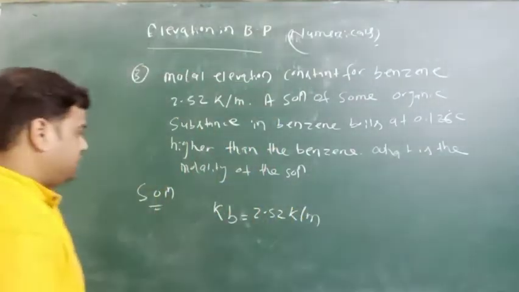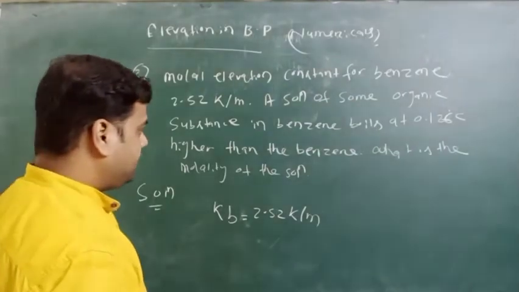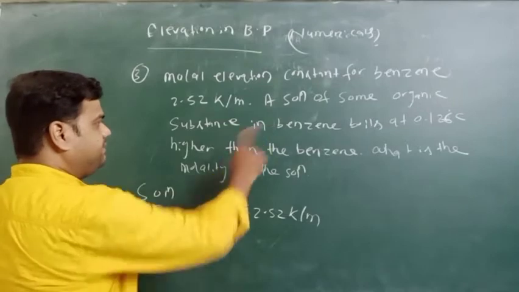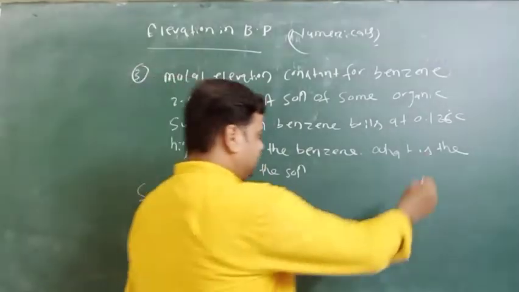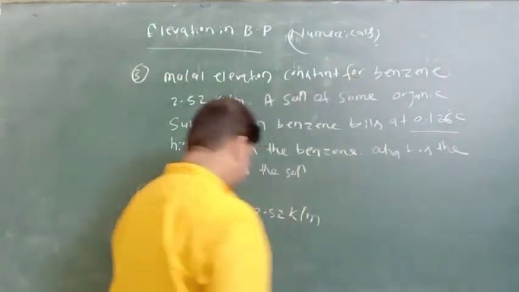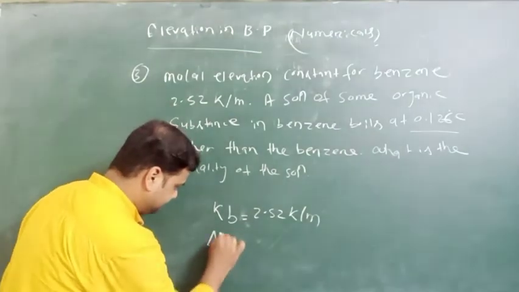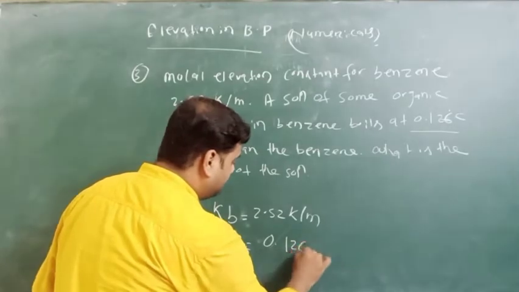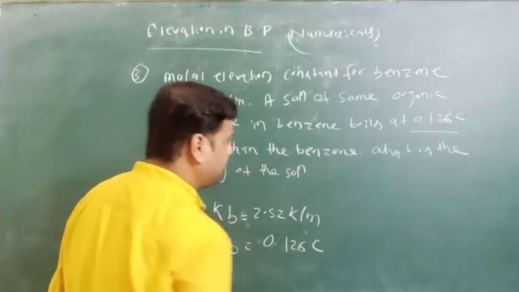A solution of some organic substance in benzene boils at 0.126 higher. It means del Tb is equal to 0.126 degrees Celsius.